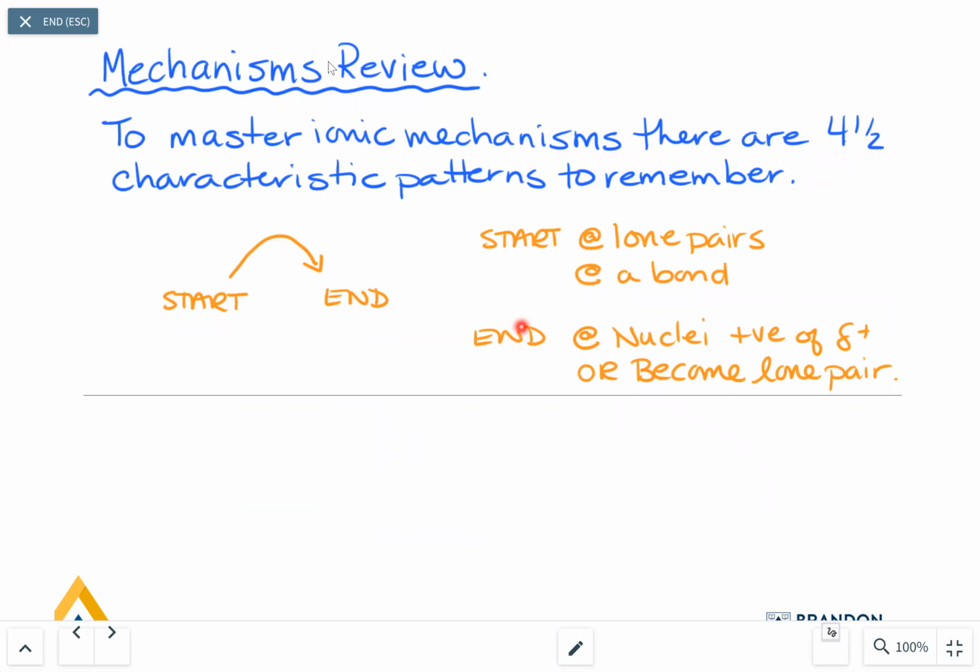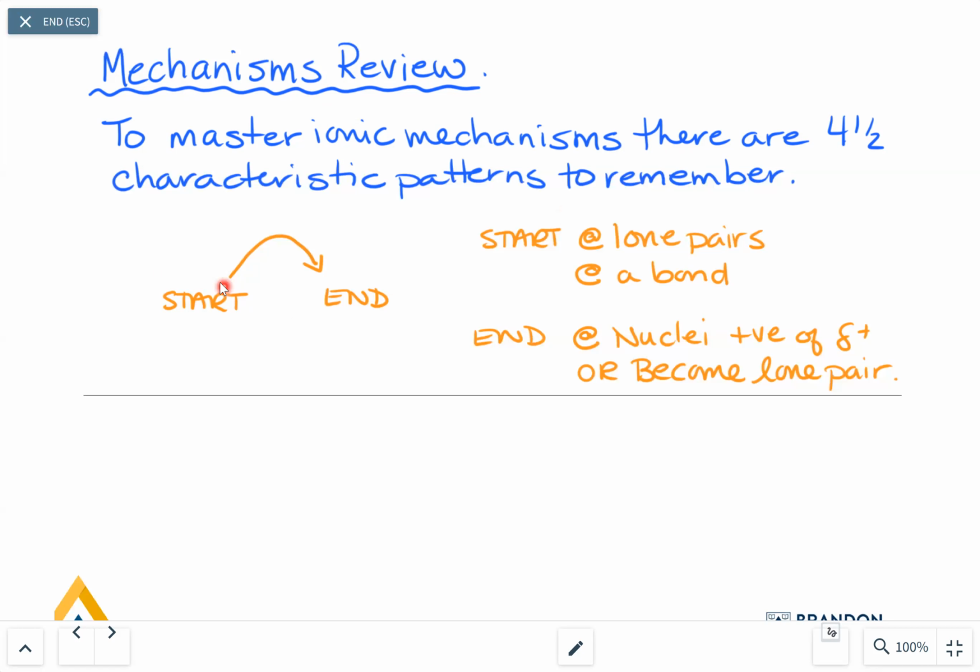So basically, those are the rules here. You start at the nucleophile, you end at the electrophile.